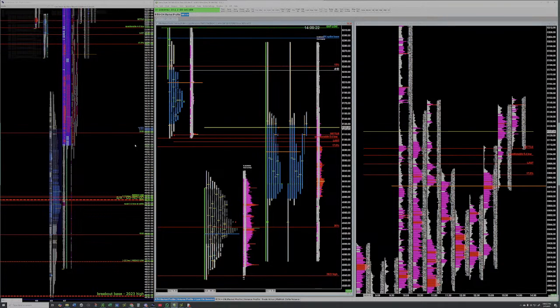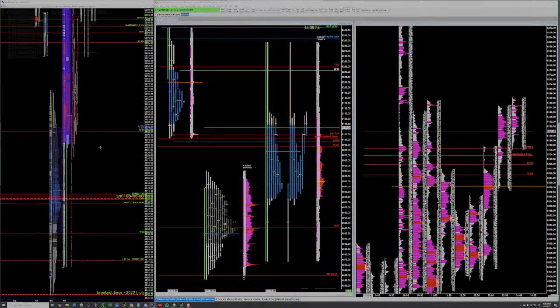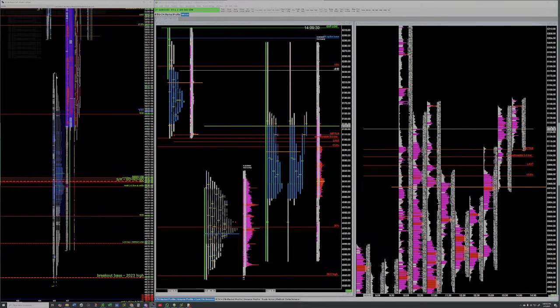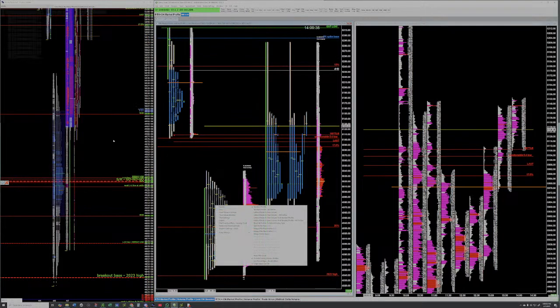There was a really important clue here that came from the opening of the week and the overnight. I'm testing Sierra relative to Window. I've got Window Trader here on the left.